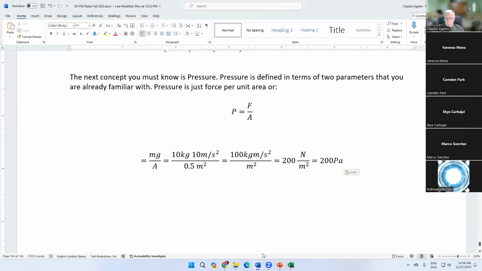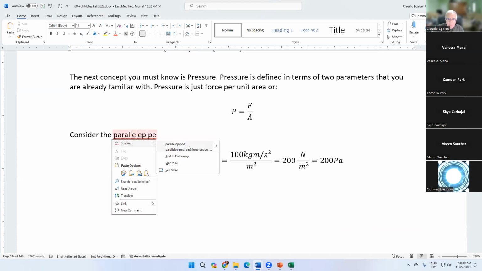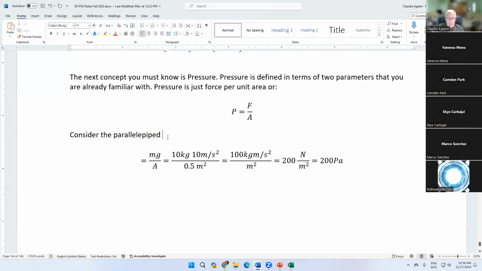Going back here. And that's what I was doing here, okay? Consider the parallelepiped illustrated.